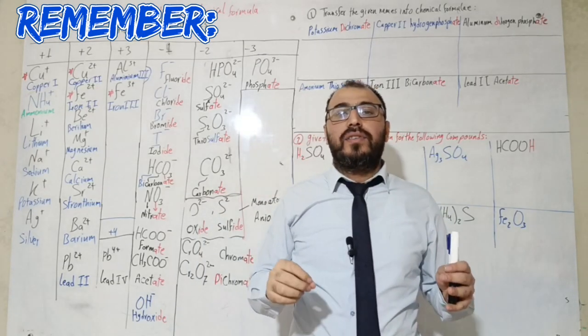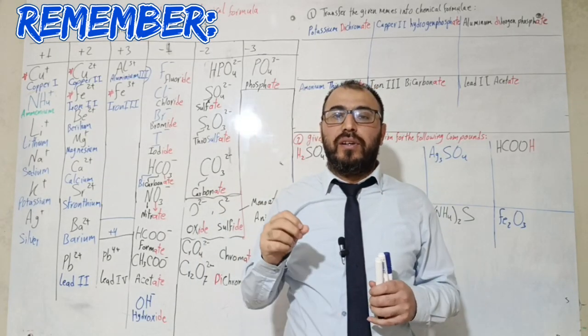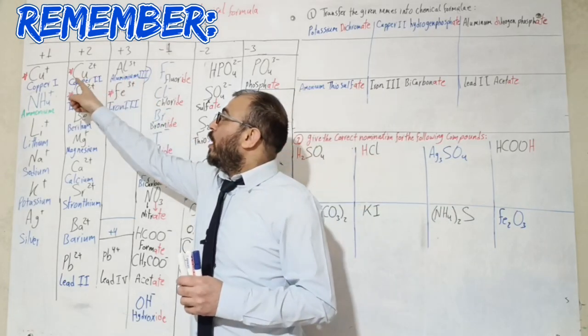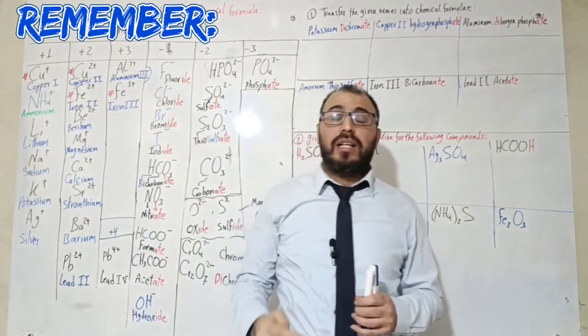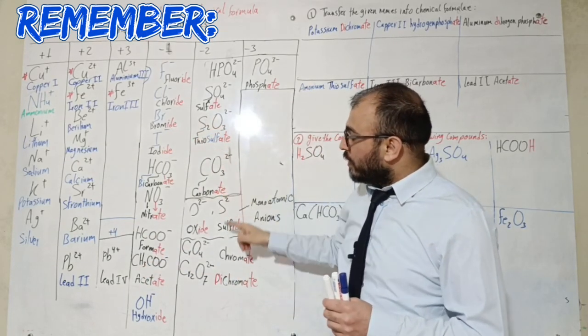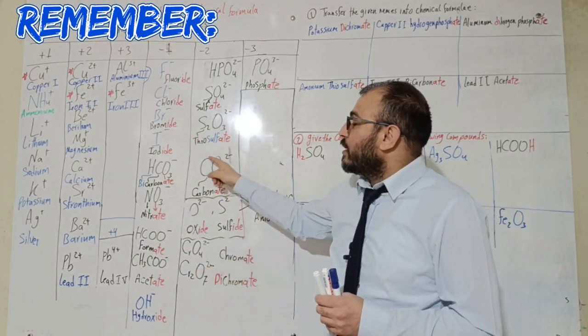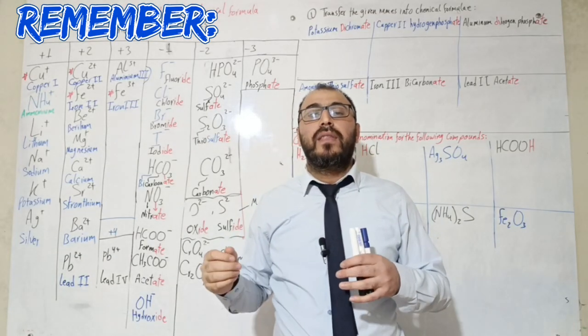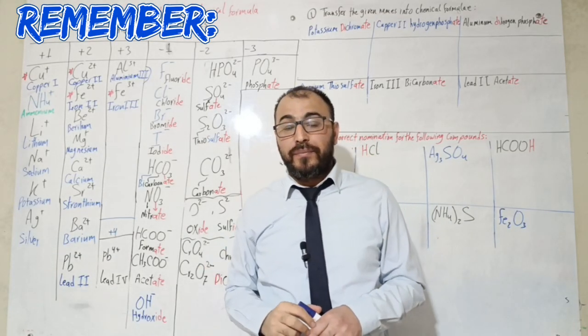In terms of the number of atoms of each ion, we said that a monoatomic ion is an ion that is made up of one atom, while a polyatomic ion is an ion that is made up of more than one atom that refuse to be separated ionically.